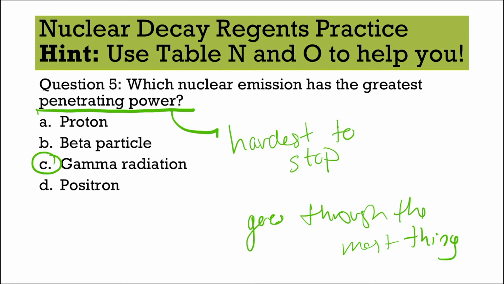So remember in our little chart, it said that it has very high penetrating power, and some of the materials that would stop it would be lead and concrete. So again, that's just kind of a fact you just need to put into your head that gamma radiation has the highest penetrating power and goes through the most amount of things.